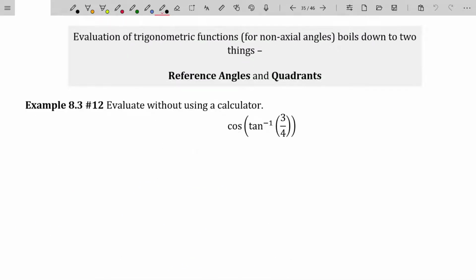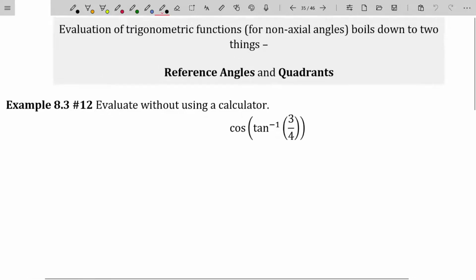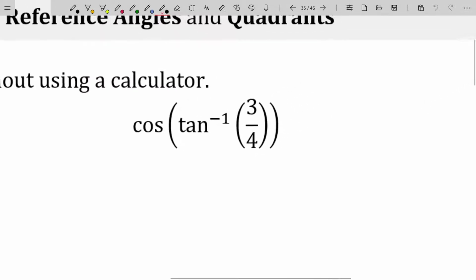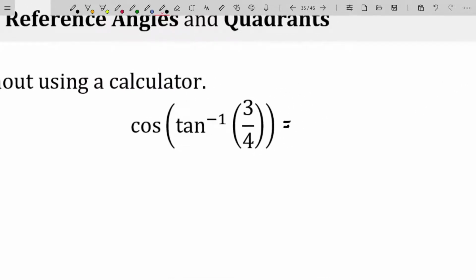Here we're given the cosine of the tangent inverse of 3/4. So this is that second case where we have a trig function evaluated at the inverse of a completely different trig function. How do you deal with this? Well, again, I start with the fact that this is just the cosine of some angle.